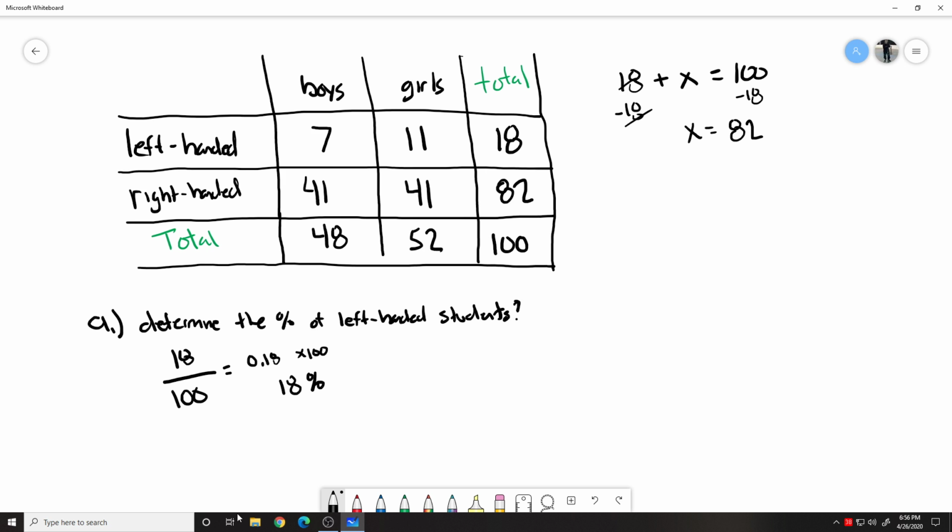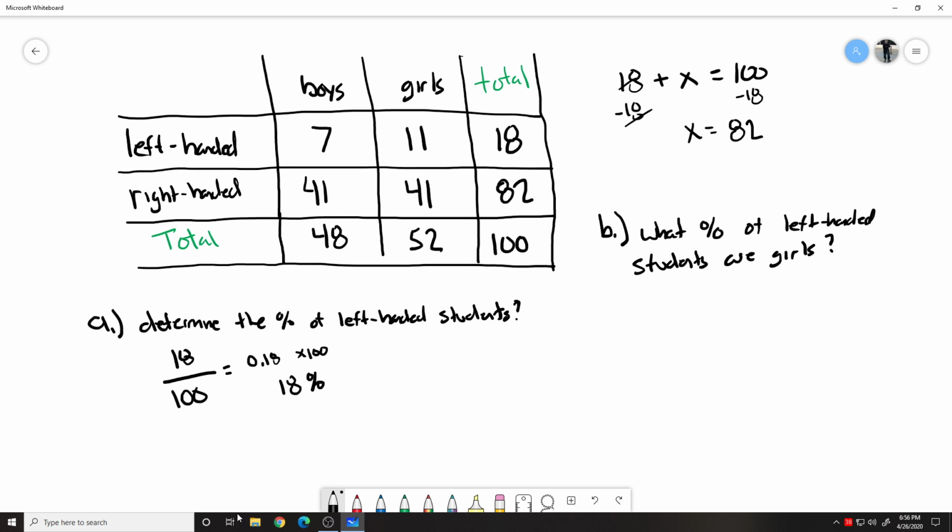Let's ask another question. Part B. What percent of left-handed students are girls?